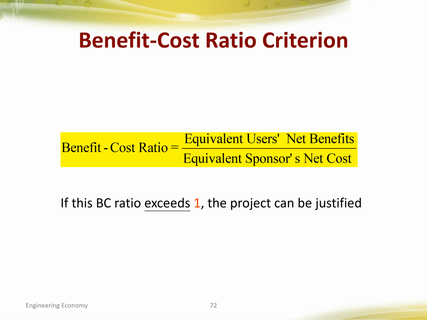But here is the ratio. So whenever we talk about benefit cost analysis, we are talking about the benefit cost ratio. We just take the ratio, and if the ratio is greater than 1 or exceeds 1, then we'll accept the project. Otherwise, we'll reject the project.